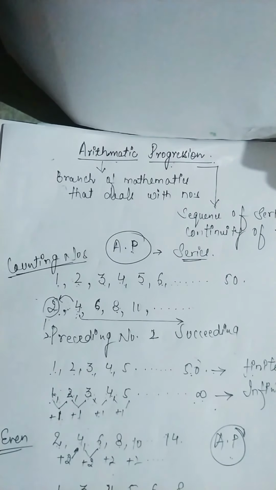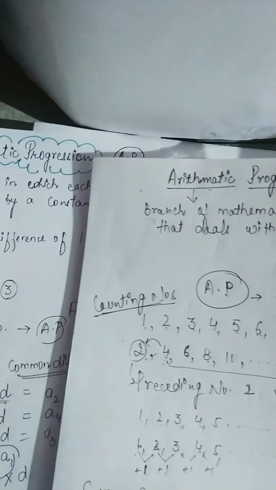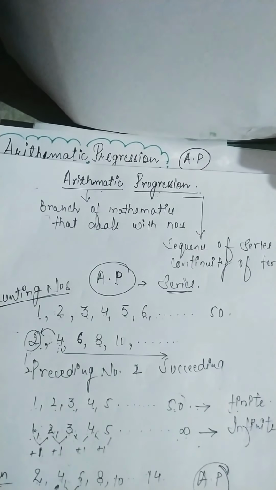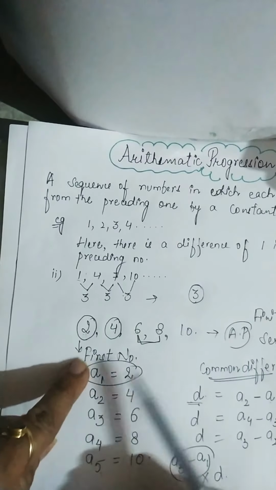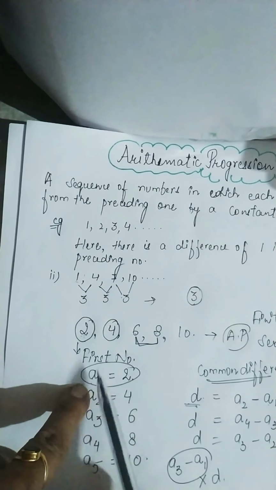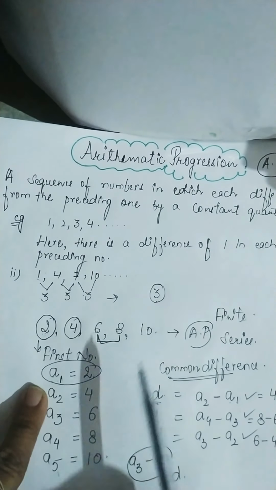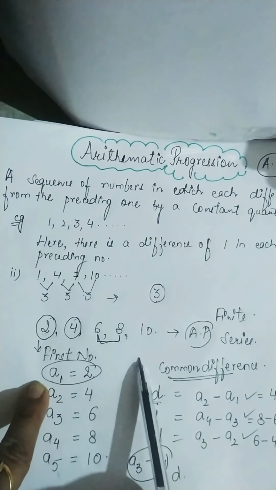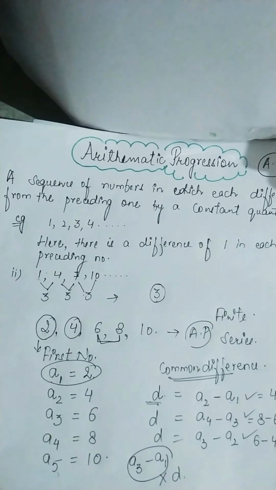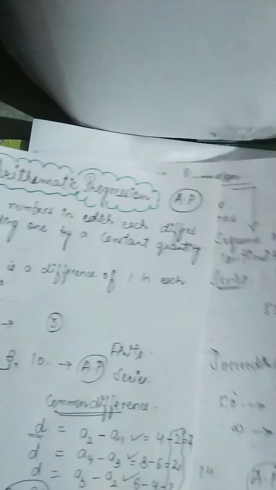I think you are now very clear what arithmetic progression means, what A1 means, the very first term of the series, what an AP series is, finite AP series, infinite AP series, and common difference.